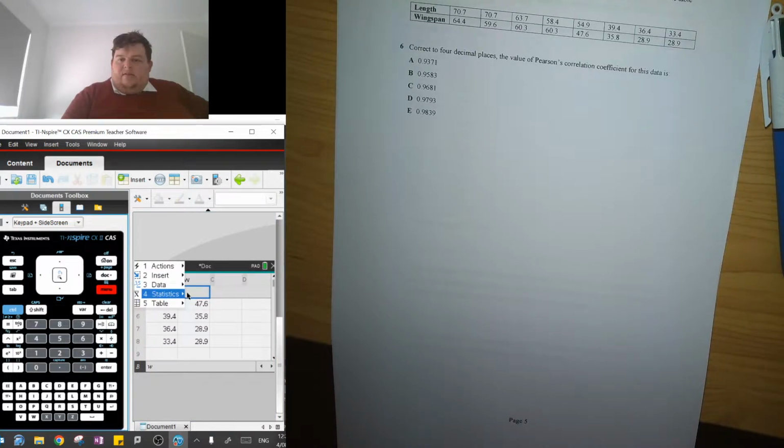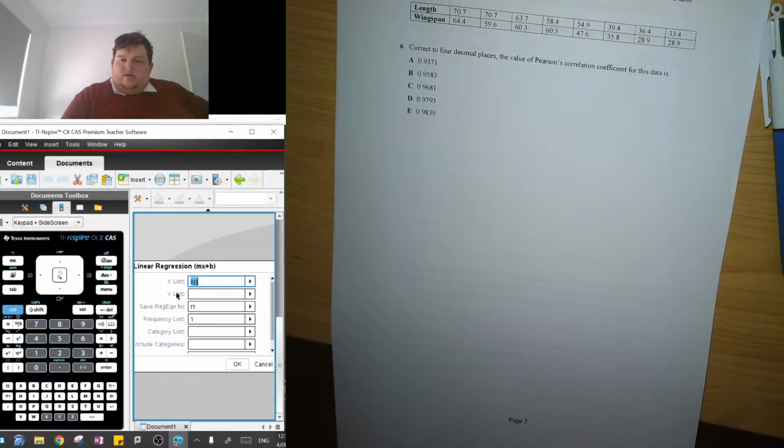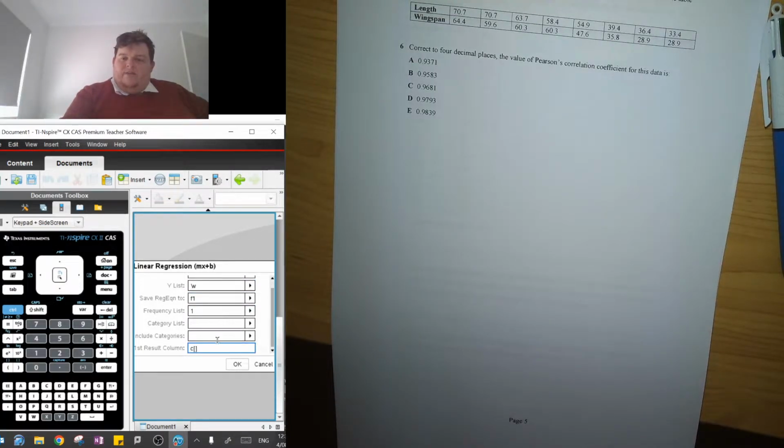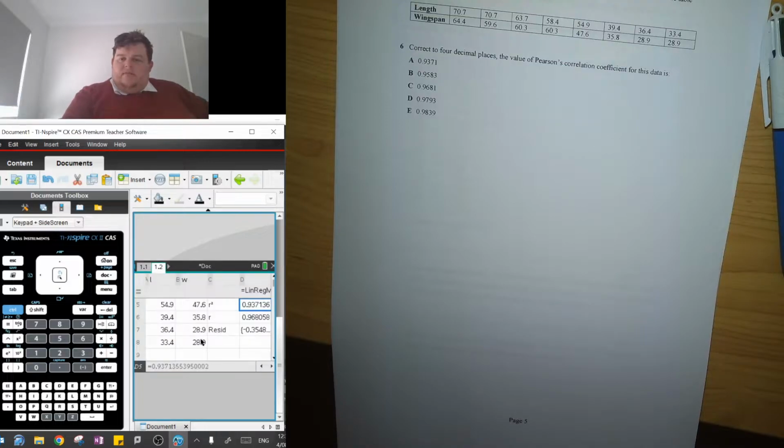New stats. Stat calculations, linear regression. So our X, remember, explains the change in Y. So I would suggest that the length explains the wingspan and not so much the other way around. I'm sure they designed the hull of the plane first. So there are our values there.